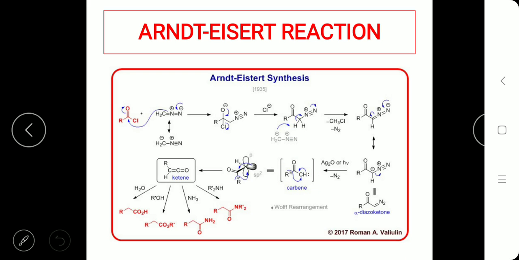So now here the carbene, that is the lone pair on the carbon atom, is going to form a double bond to give a ketene, that is O double bond C double bond C. This is the ketene which is formed after the movement of the lone pair towards the carbonyl carbon. Once the lone pair on this carbon moves towards the carbonyl carbon to give a C=C double bond, you can see there are 4 bonds bonded to the central carbon atom.